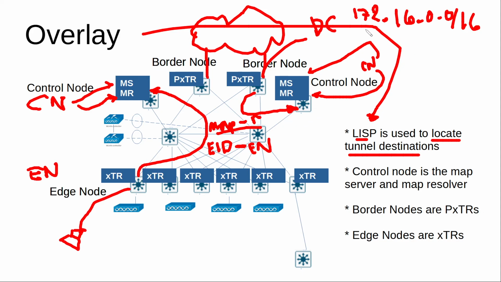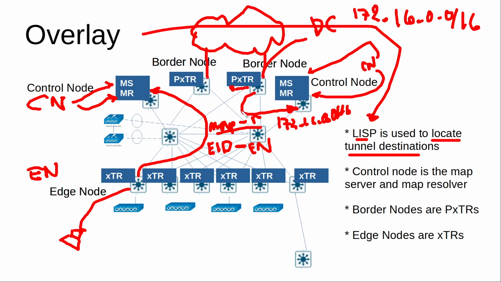And so, for instance, they can map the EID 172.16.0.0/16 to the loopback IP address that belongs to the border node.